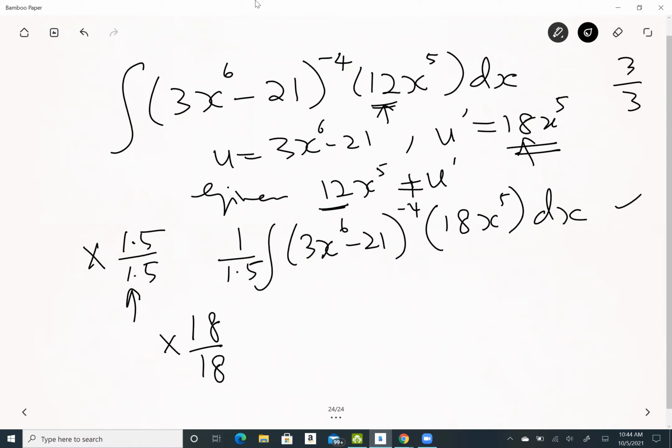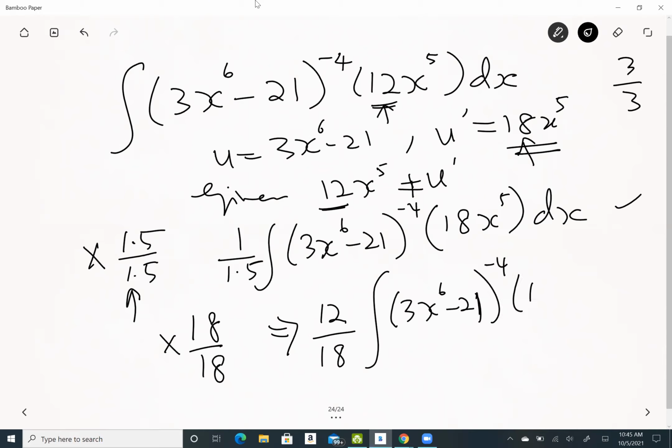So you switch. That 12, you bring it out, and then you arrange the terms. The 12, which is multiplied by x over 5, you bring it out. And then the denominator of that 18, you bring it out. But now you have what? I have (3x^6 - 21)^(-4). So now I got 18x^5 dx.